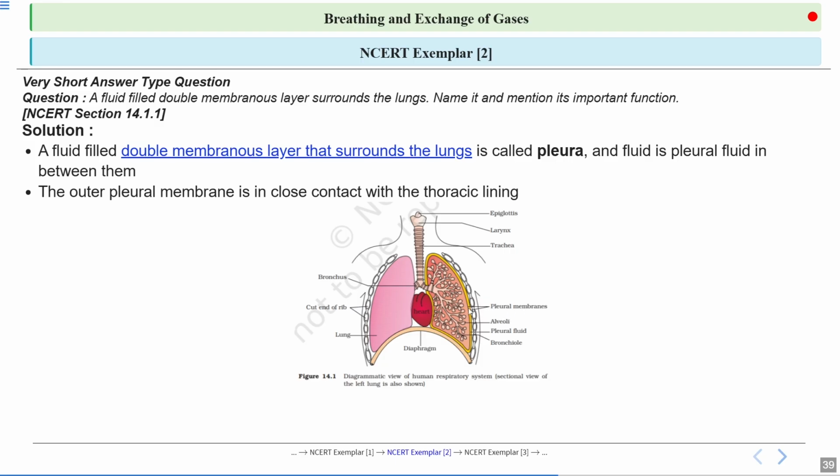Not only this, it is frictionless. It allows the frictionless movement of the lungs. Yes, your lung is having movement. Alveoli get squeezed and filled with air, so at that time there is some sort of movement. So this fluid is also helping in the movement of the lungs. So the outer pleural membrane is in very close contact with the thoracic lining.